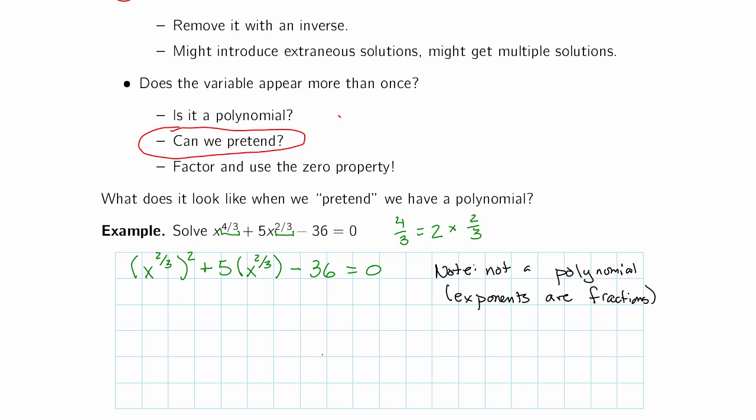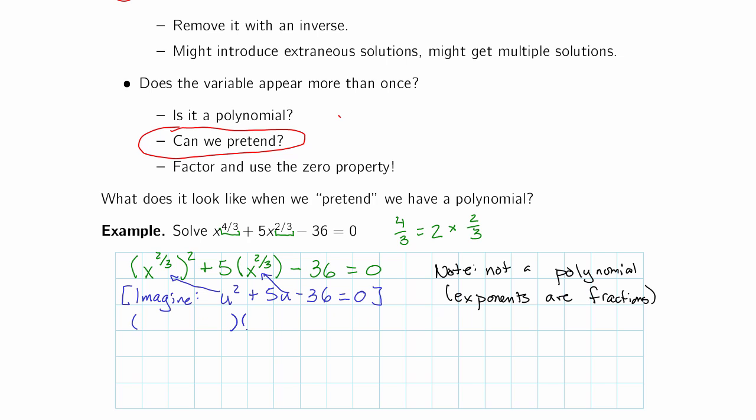So even though this is not a polynomial, well, it's something squared plus something plus a constant. We can pretend that this is quadratic. So we're imagining that this is a quadratic equation in some variable u, but that u happens to be x to the 2/3. We can factor that, thinking about the quadratic.